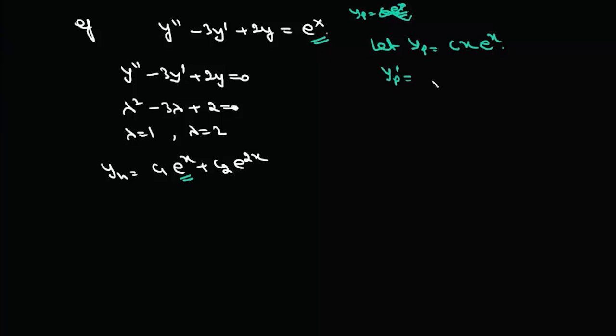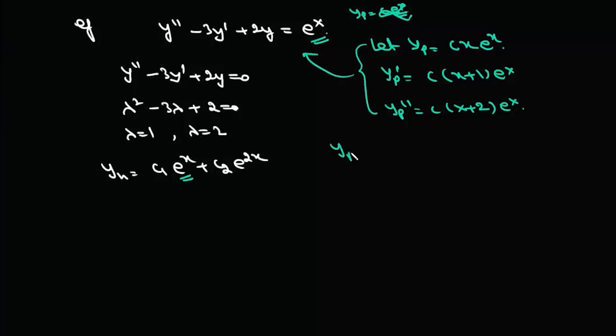Now y dash p will be c, x plus 1 e to the power x, and if we differentiate again, it will be c, x plus 2 e to the power x. Now we'll put the values of yp, y dash p and y double dash p in this equation.